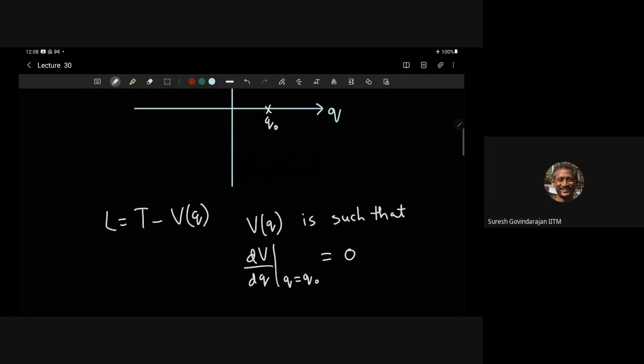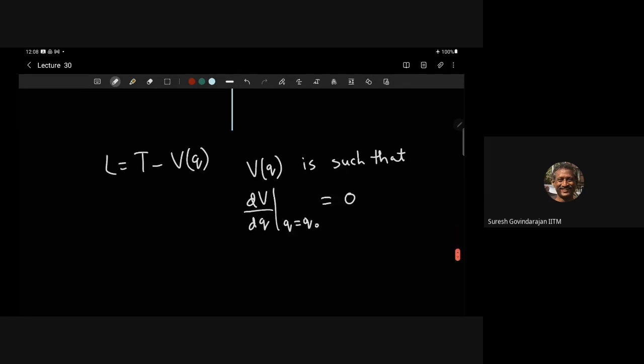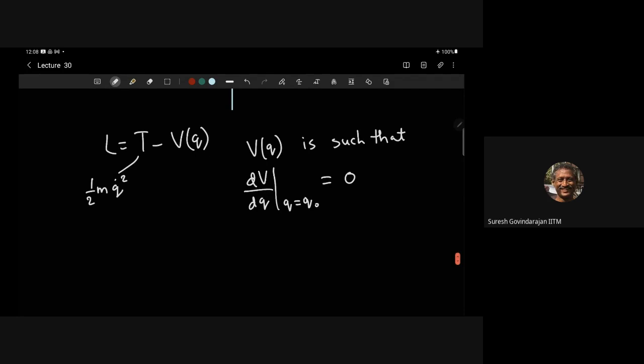So what does this mean? If you look at the equation, T is just some half m q dot square. The Euler-Lagrange equation of motion is simple. It says that m q double dot is equal to minus dV by dQ.